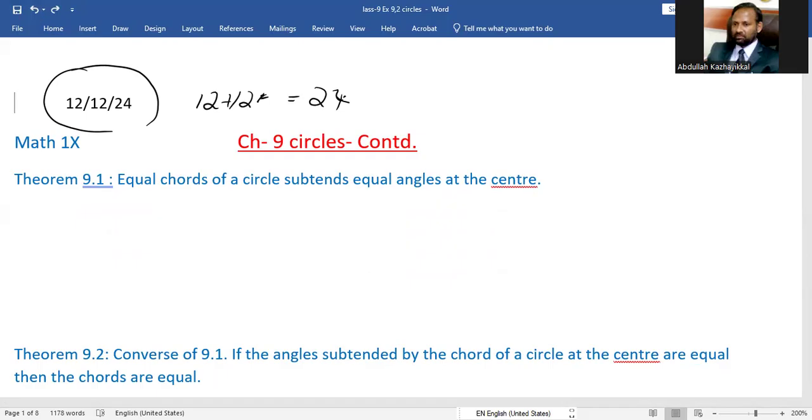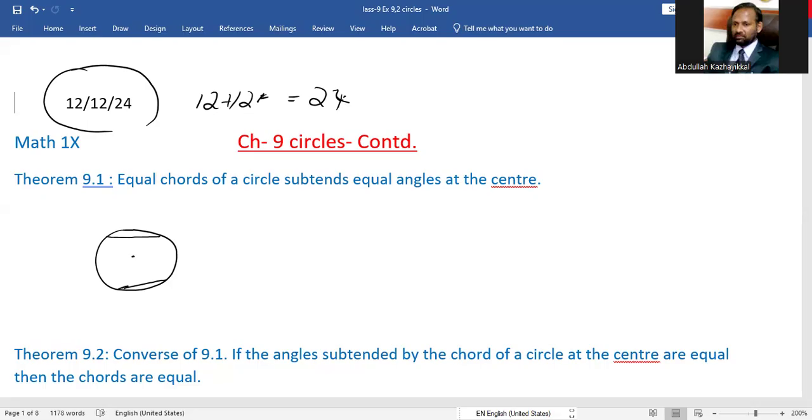Almost, I can draw like this. Okay, great. Center of a circle. Equal chords of a circle. That means suppose this is one chord and this is another chord, but both are equal.